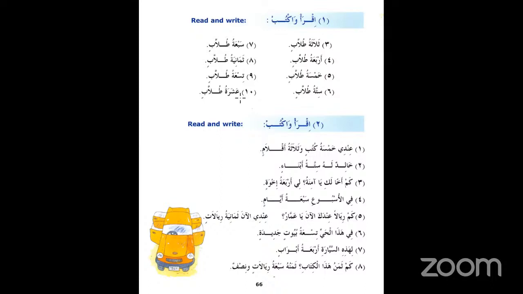So the plural of qadimatun is qudama. But qudama is masculine. Adjectives, the plural is the same for them. Yeah. So here it will come khamsu ghurafin qudama. Sorry, can you explain that, Sheikh? You said the adjectives will be the same.